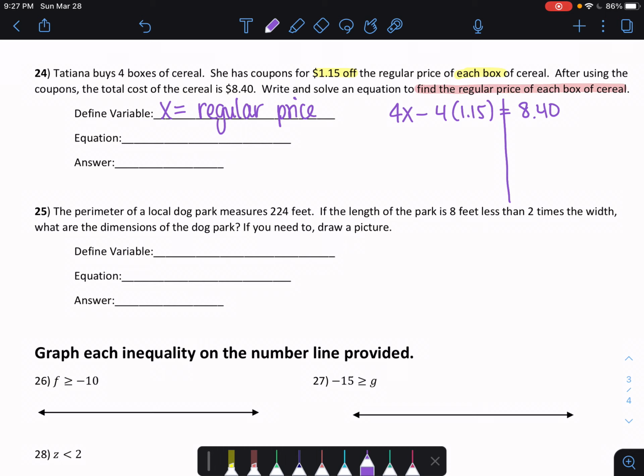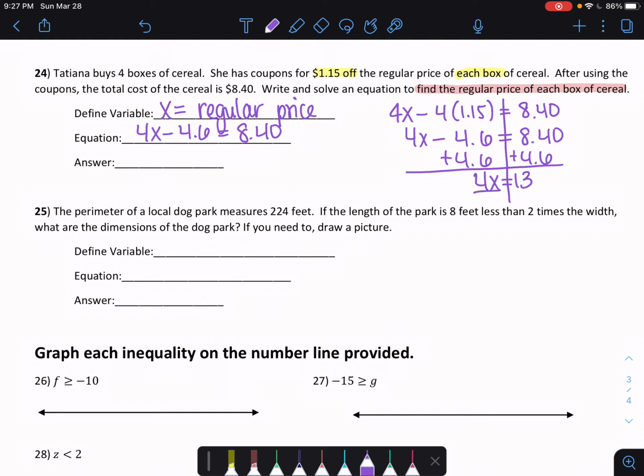So the first thing I'm going to do is 4 times $1.15. So I get 4x minus 4.6 is equal to 8.40. So that's going to be my equation. Now I'm going to add 4.6 to both sides, and I get 4x equals 13.